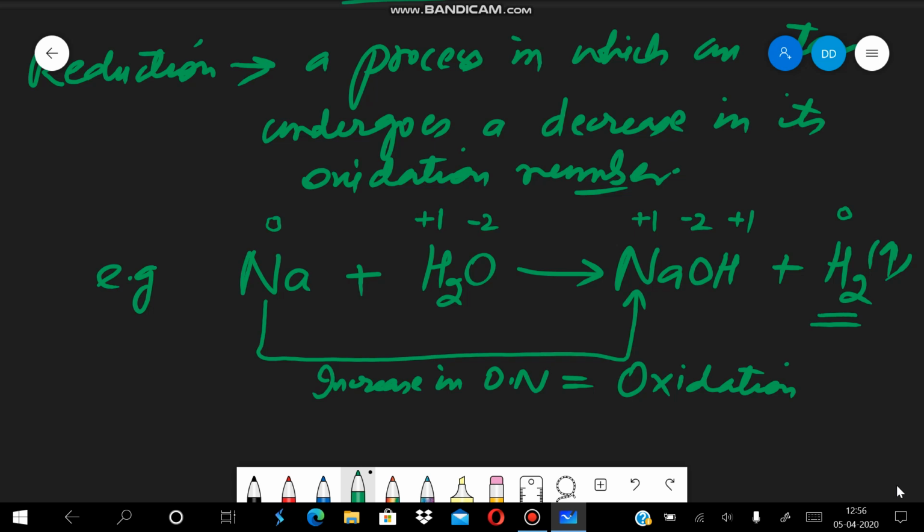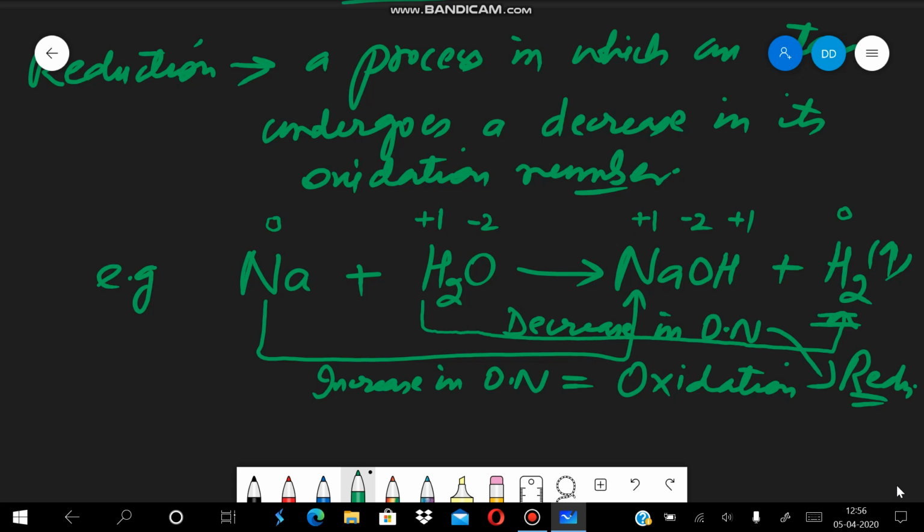On the reactant side, the oxidation number of hydrogen is +1. And in the product side, in H2, we can see that oxidation number of hydrogen is 0. So hydrogen is undergoing a decrease in oxidation number. And decrease in oxidation number is called as reduction. So in this reaction, sodium undergoes oxidation while water is undergoing reduction.